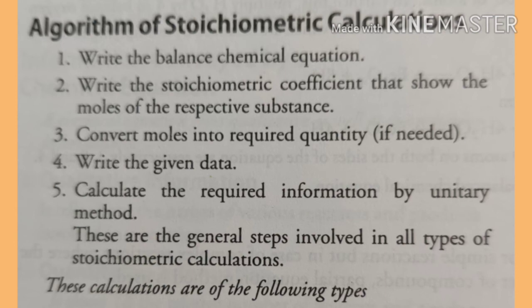And the second point, write the stoichiometric coefficients that show the moles of the respective substances. So first we write the balanced chemical equation, then we write the stoichiometric coefficients that show the moles of the respective substances taking part in the chemical reaction, and the products. The third point is convert moles into the required quantity, if needed.